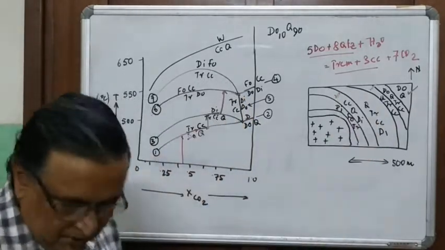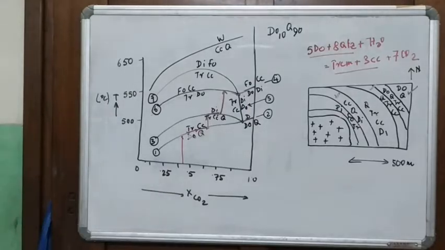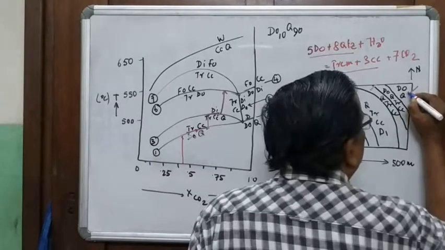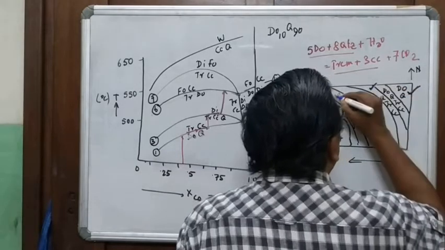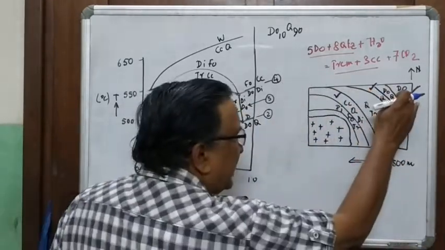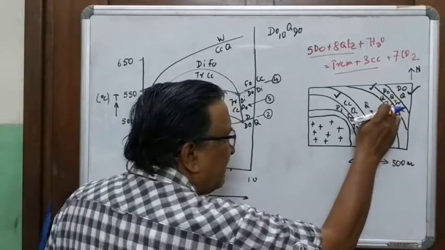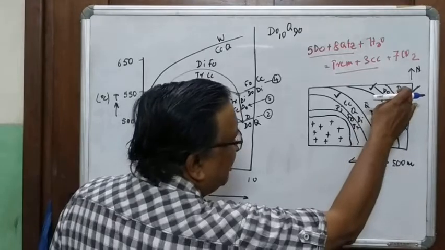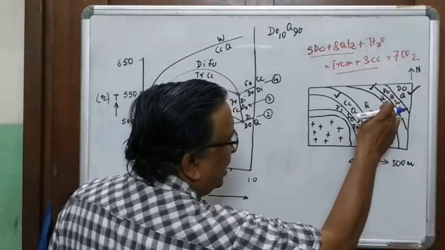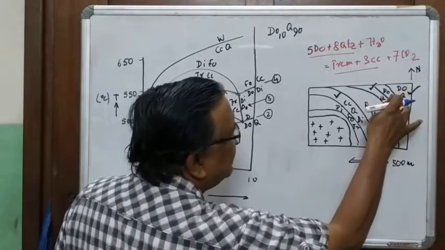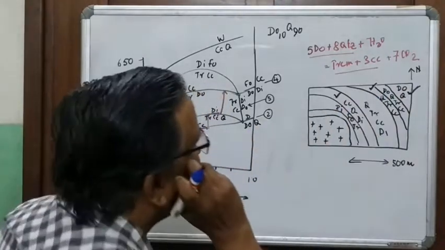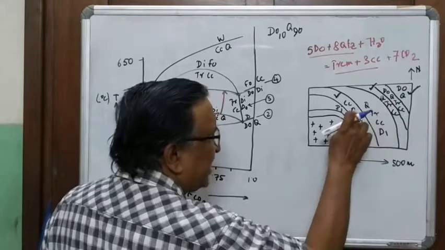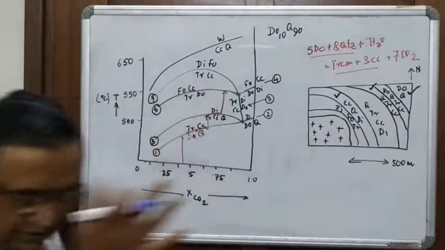So we have a succession of low variance, high variance, low variance, high variance, and you go on doing it.